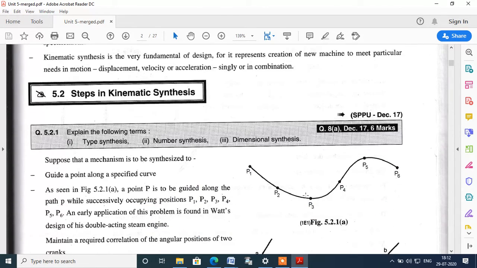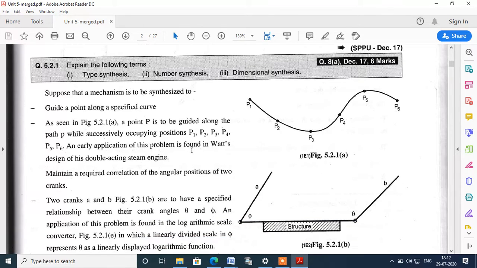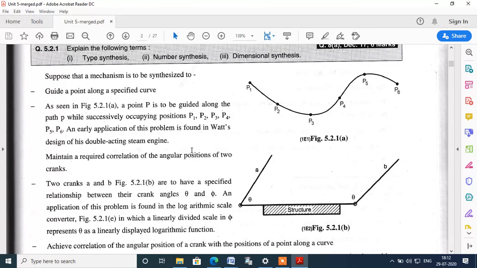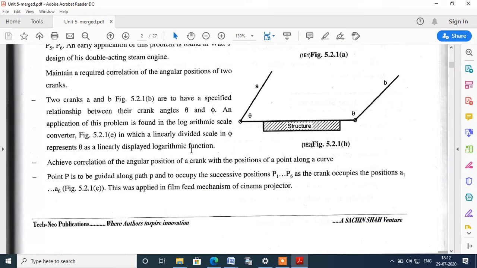So, steps in kinematic synthesis. I told you the phases: type synthesis, number synthesis and dimensional synthesis. Here one problem is mentioned.